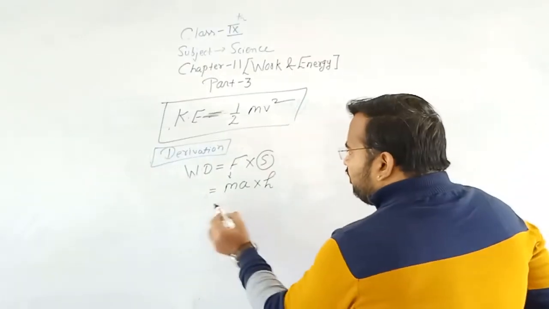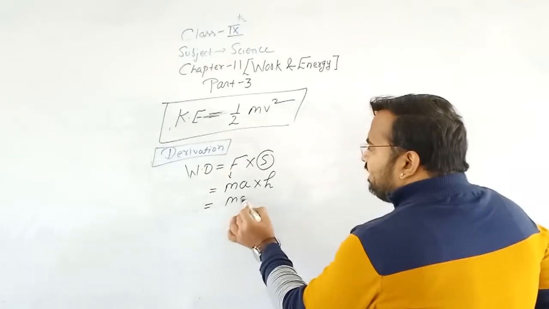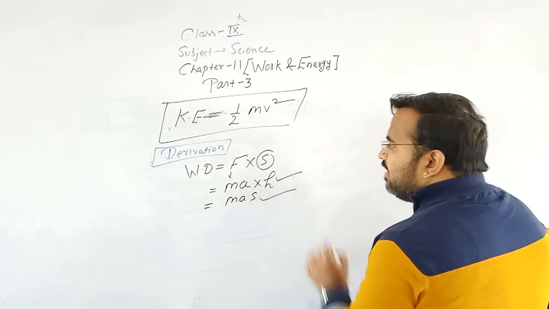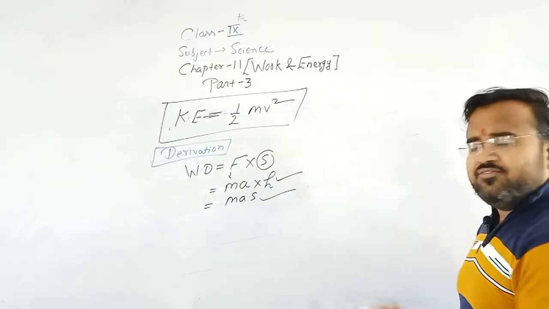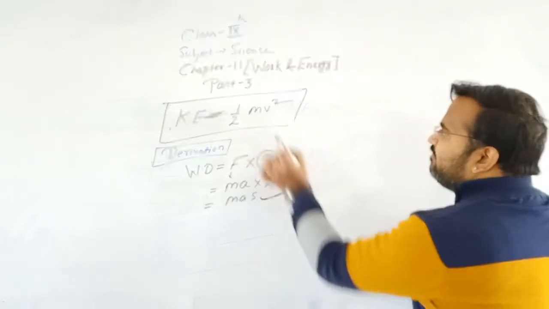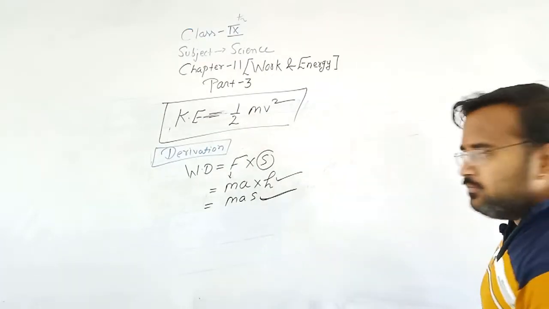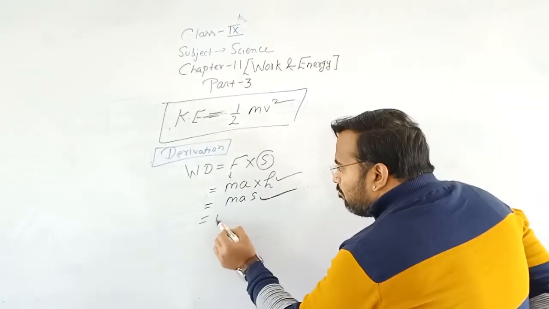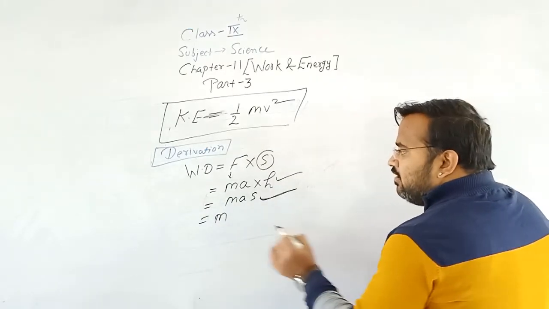Or I can write m a s. Both are the same formula for work done, but we'll use this one for the derivation of half mv square. Now, mass will remain as it is.